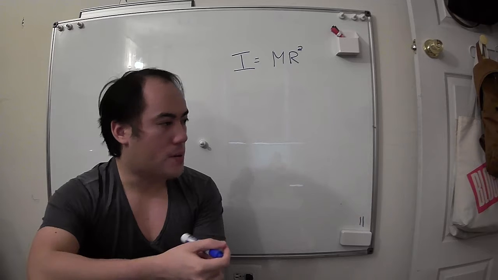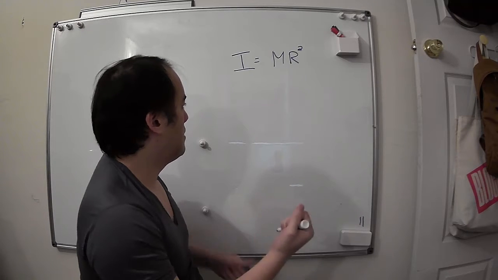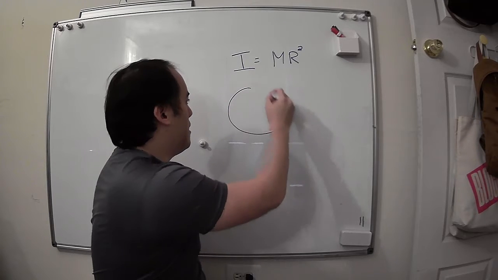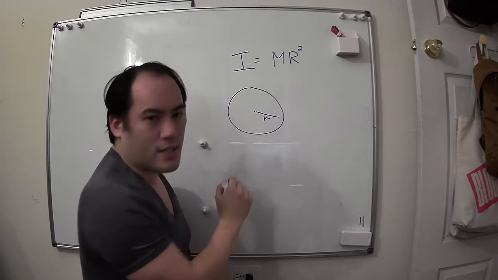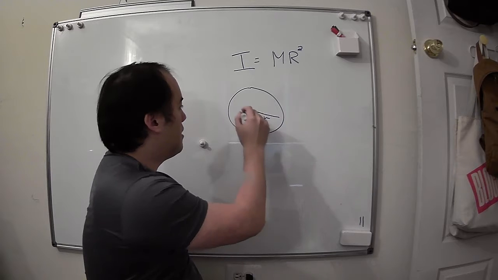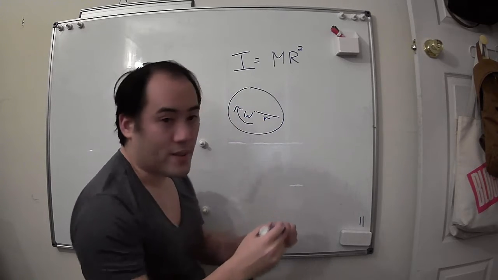Okay, so look at the particle. It could be anything, a ball, or let's say a disc. A disc of radius r is rotating with angular speed omega.